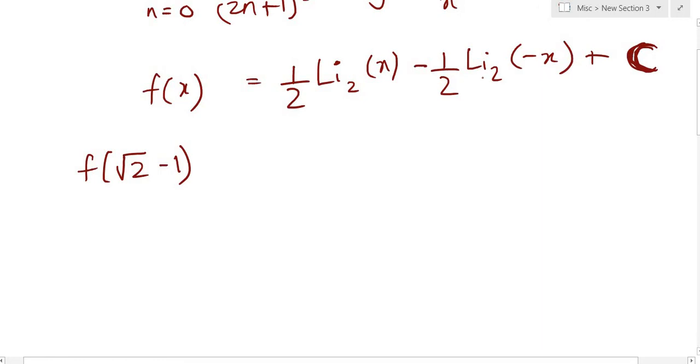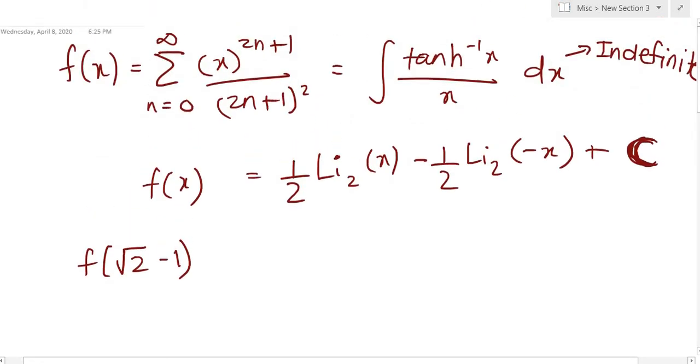Well, you can get rid of this c by basically substituting x as 0 in an ideal case. And even now, because when you do that, well, when f of 0, so when you take 0 to the 2n plus 1 over 2n plus 1, the whole thing squared, this thing will go to 0.